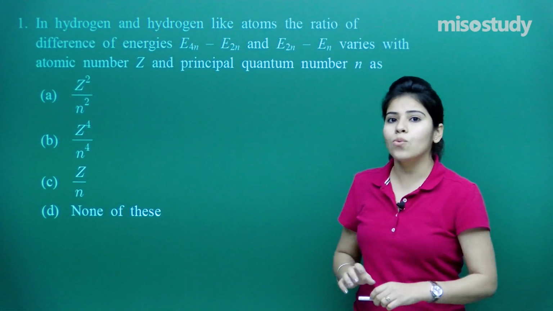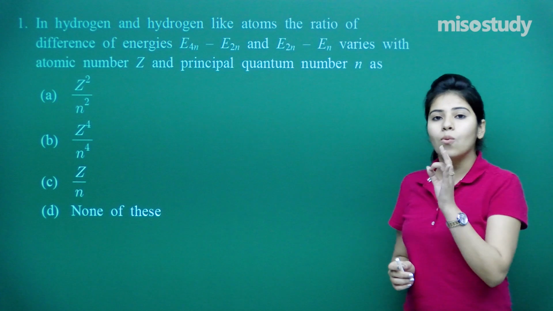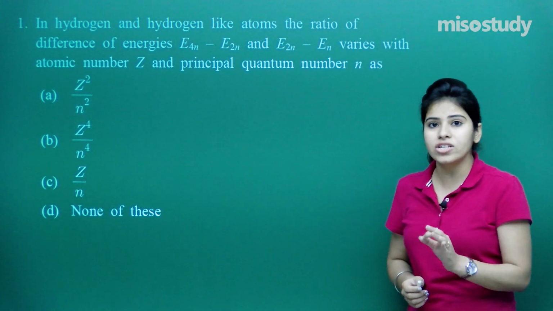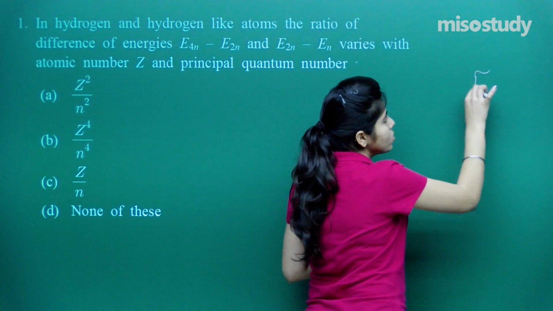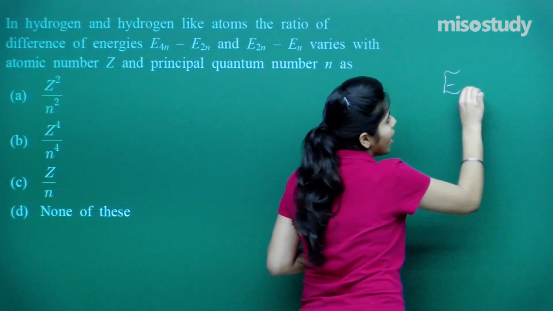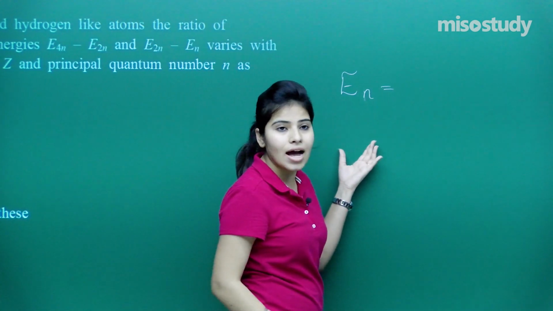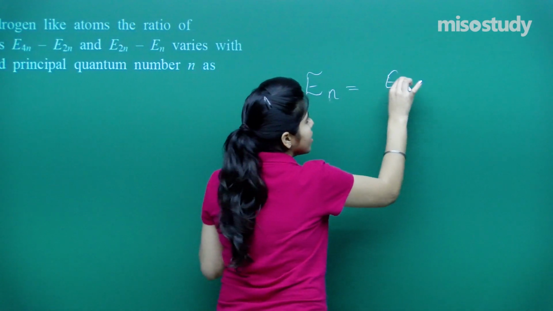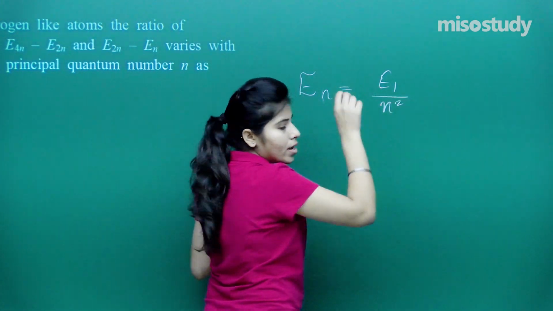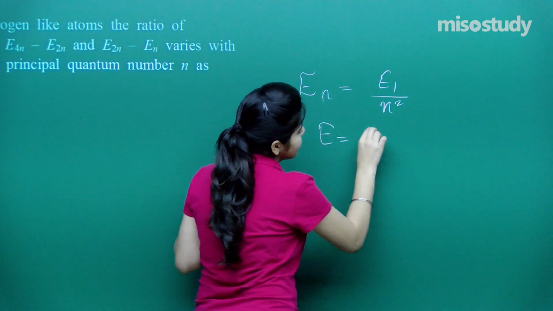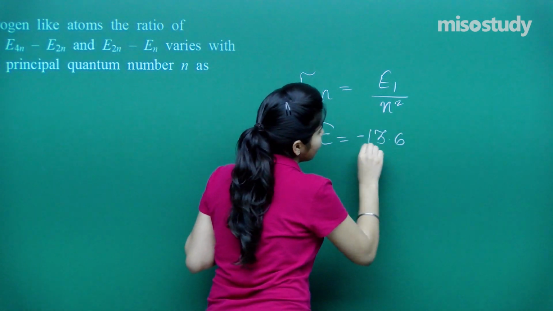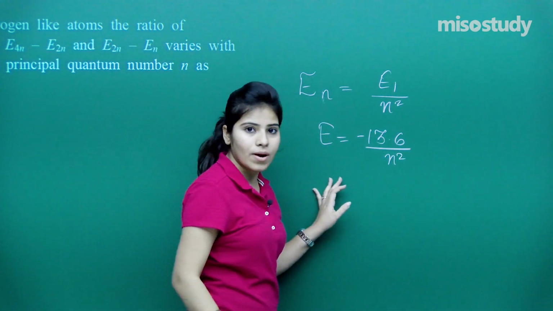Let me tell you one thing. We have read one important formula of energy in this chapter. If I write it in the form of En, then En equals E1 upon n square, isn't it? We were writing E equals minus 13.6 by n square, right?